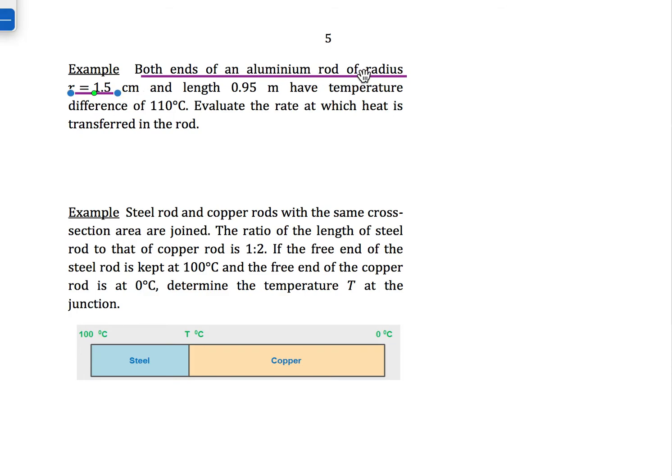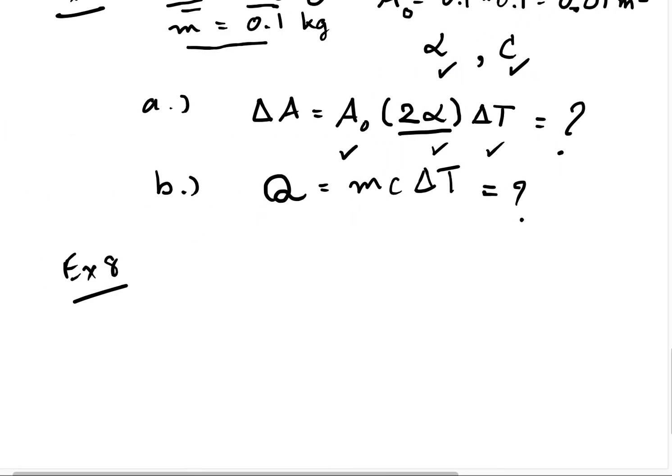So you see the word radius, that means the cross section of your medium is a circle. So just don't use the r as the area. We used r as the radius, and of course the A, the cross section area, is pi r squared.